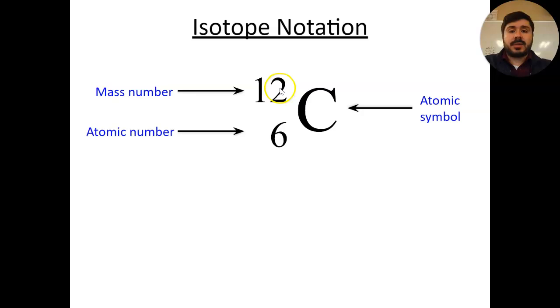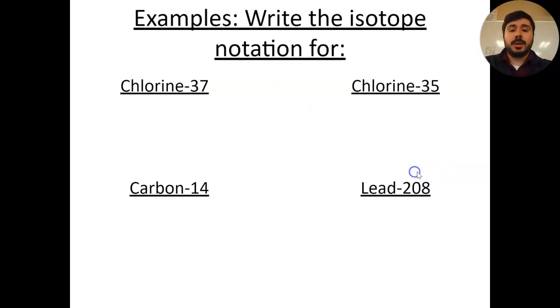So this upper left-hand corner number here, this mass number, if you remember, is the number of protons plus the number of neutrons. That's it, okay? That's what we talked about at the very, very end of last video. Again, this mass number, based on what isotope you're dealing with of that element, can and most likely will change.